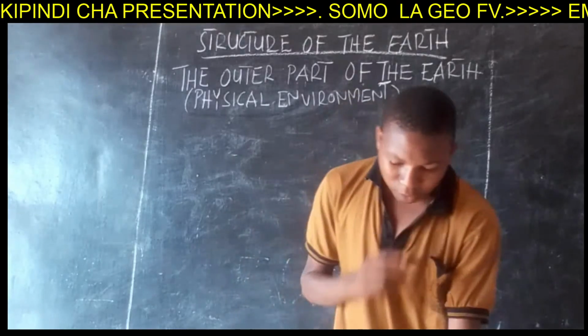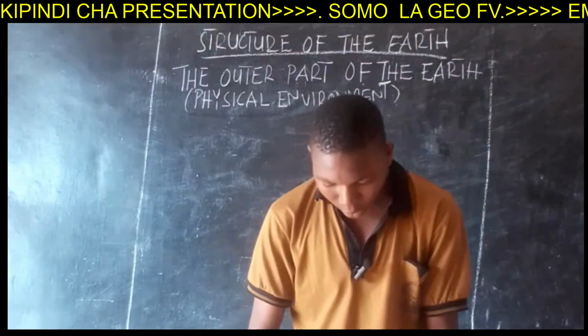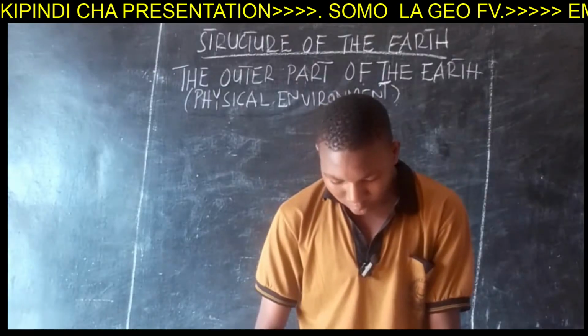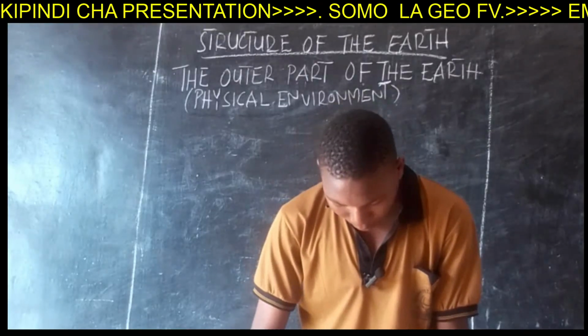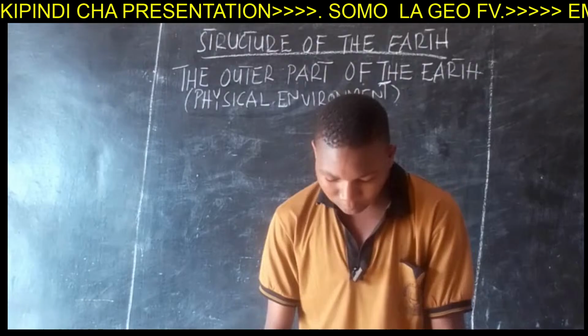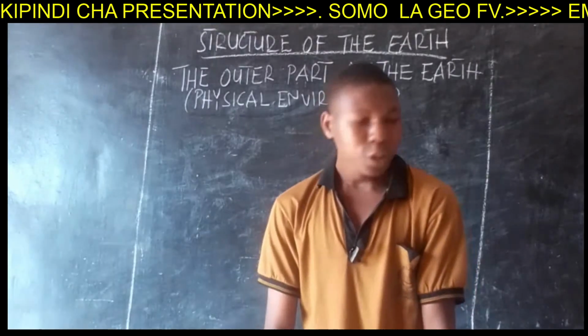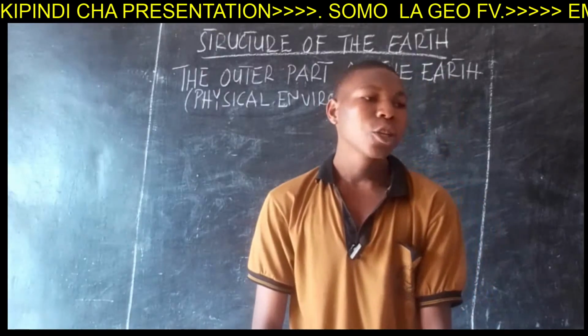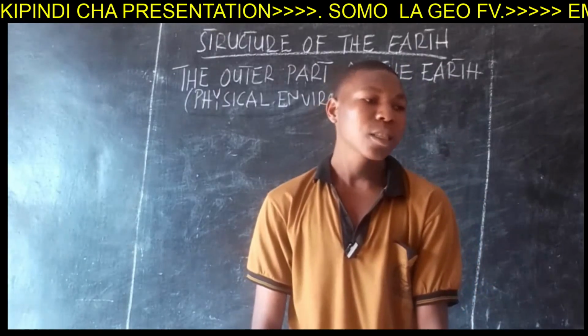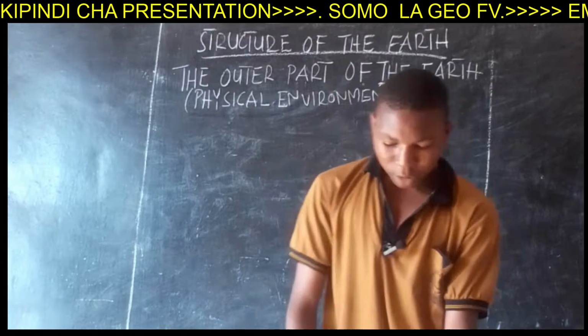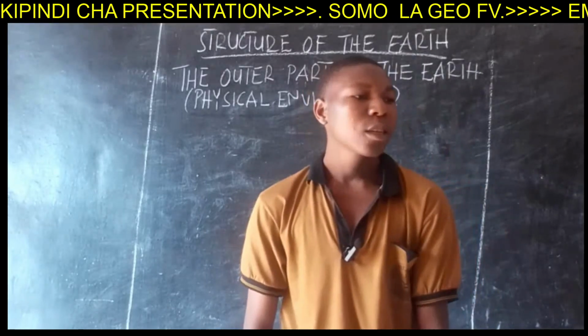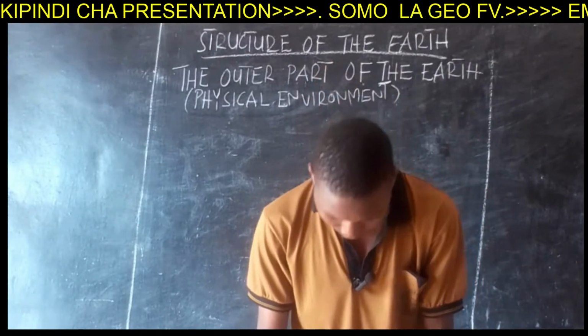The writer says that this is the second zone of the atmosphere, which is divided into the thermosphere and the exosphere. This heterosphere is divided into two layers, called the thermosphere and the exosphere.